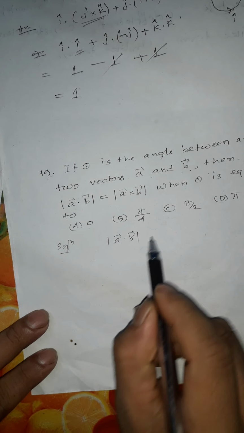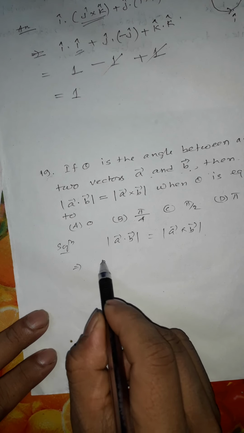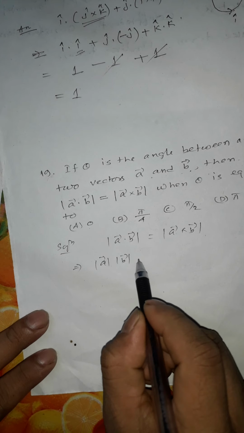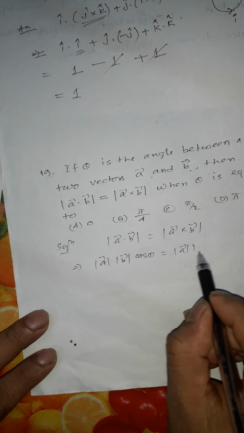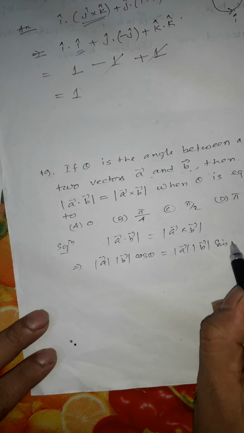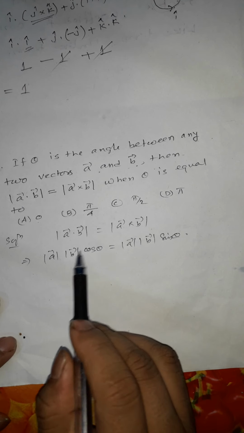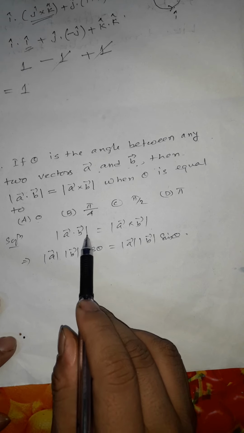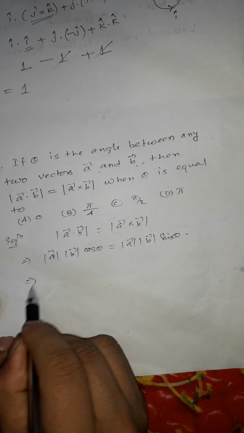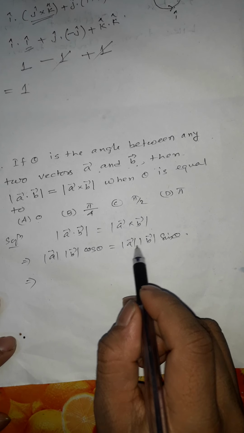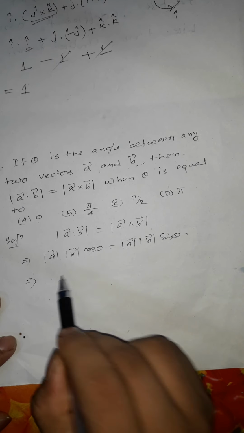Magnitude of a dot b equals magnitude of a cross b. a dot b is magnitude of a, magnitude of b cos theta, and magnitude of a cross b is magnitude of a, magnitude of b sin theta. Since modulus is there, cos theta will be positive here. So magnitude of a and magnitude of b we can cancel from both sides, dividing by magnitude of a and magnitude of b.